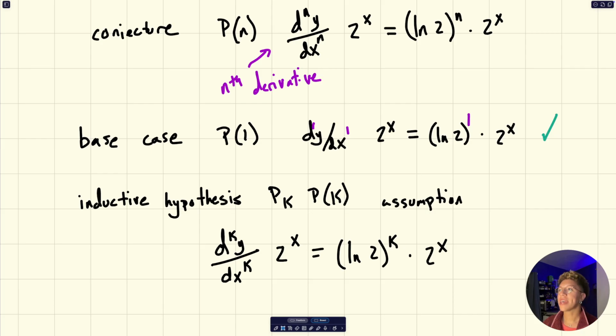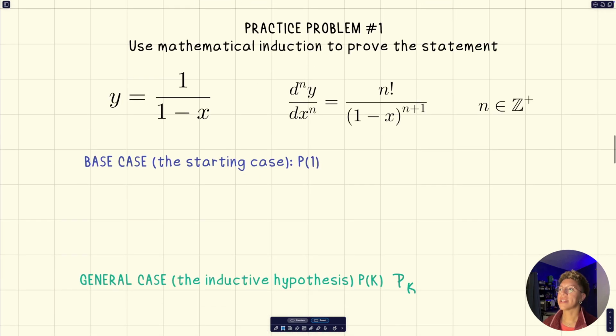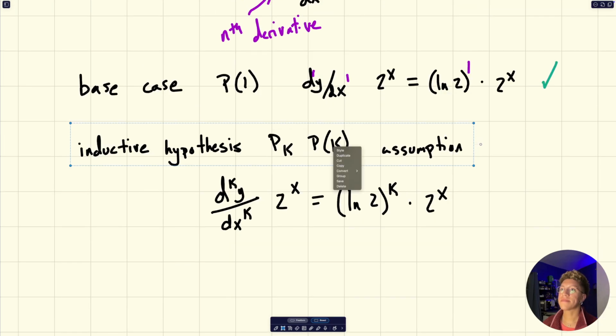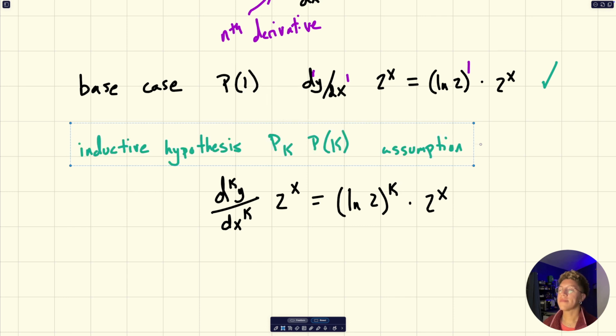And in keeping with our previous coloring scheme, I think our inductive hypothesis was green. Yeah, our general case was green. So let's change this to green. And let's make our base case here red, just like before as well.